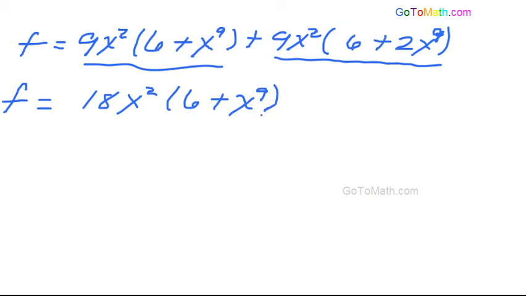I don't know if this was actually coincidence or what, but anyway. Now you can go ahead and distribute the 18x squared across inside here. So we have 18 times 6, what is that? Is that 128?